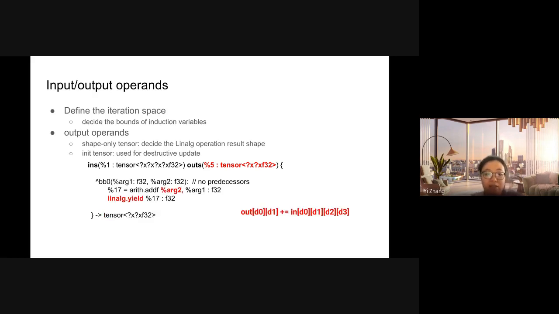Another way the output operands are used is for destructive update. In this case, the value of the output tensor is read in the computation and then overwritten with new values.